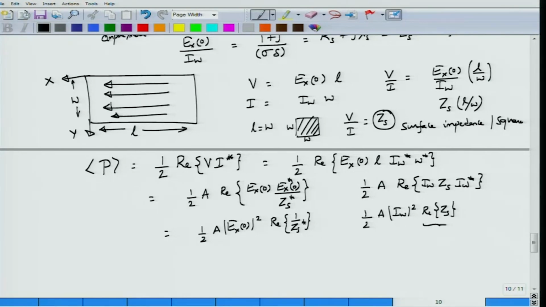Now the real part of Zs is nothing but Rs, therefore this is given by half area times I_W magnitude squared into Rs. This would be the average power, but if you are interested in power per unit area, that would be obtained by dividing the average power by area. So you get half I_W magnitude squared into Rs.